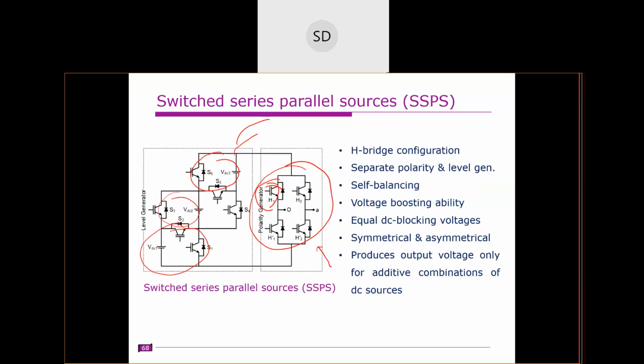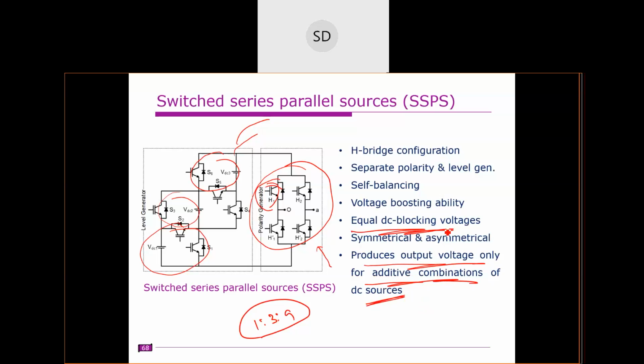So it will also support asymmetry, but it will not support the 1:3:9 ratio, because the output voltage is only an additive combination of DC sources. So therefore, it will not produce asymmetry.